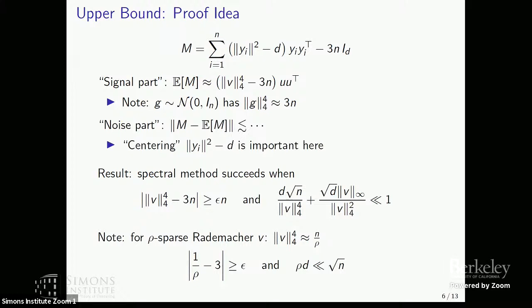This is what I wrote before. But there's also this other thing, that the sparsity rho should be bounded away from 1/3. Why is this? Sparsity 1/3 happens to be the point where the 4 norm of a sparse vector exactly coincides with that of a Gaussian vector. So this algorithm would not work in that case.